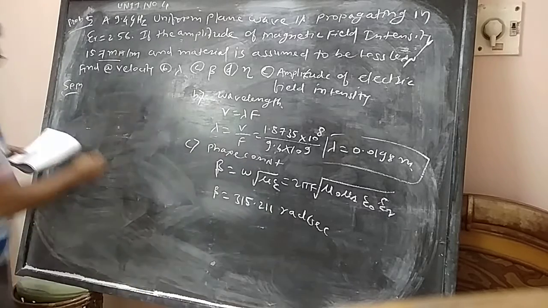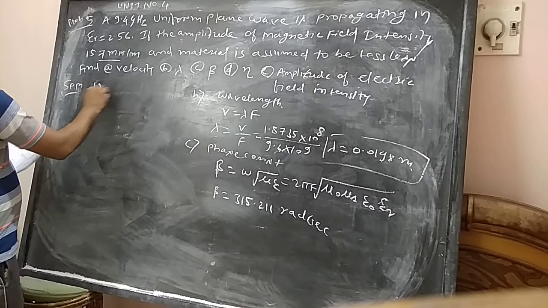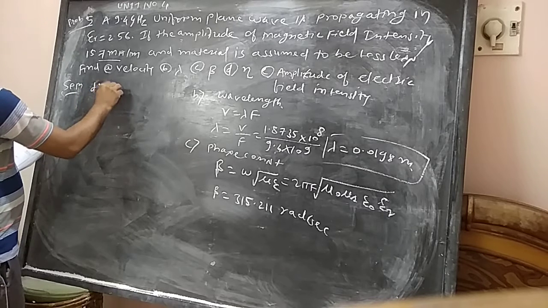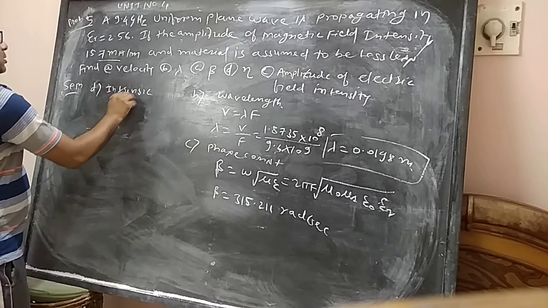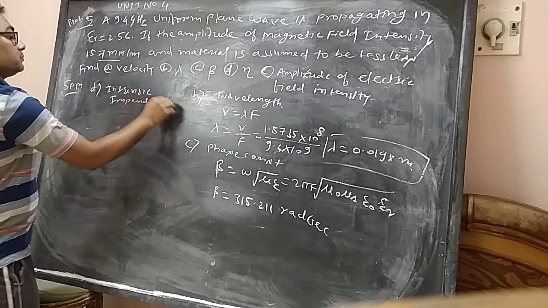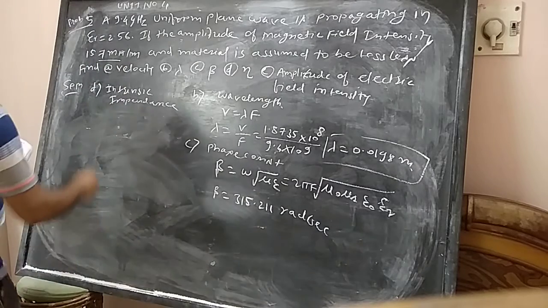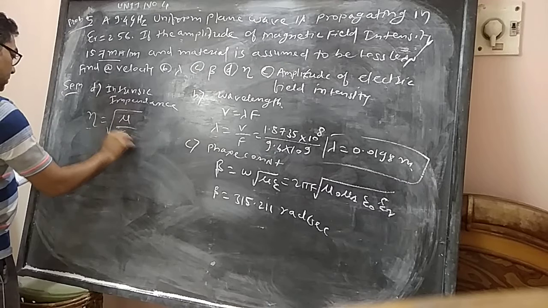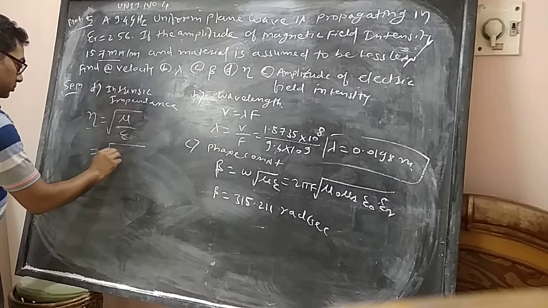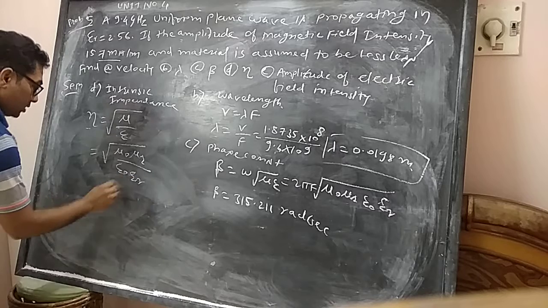So to find the intrinsic impedance, the formula is eta equal to the square root of mu divided by epsilon. Here mu is mu 0 mu r divided by epsilon 0 epsilon r.